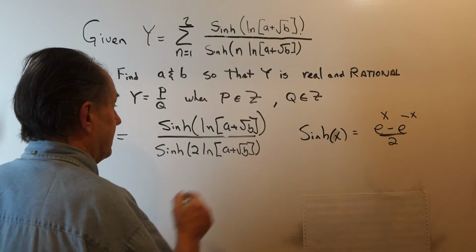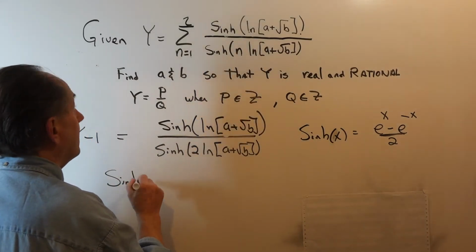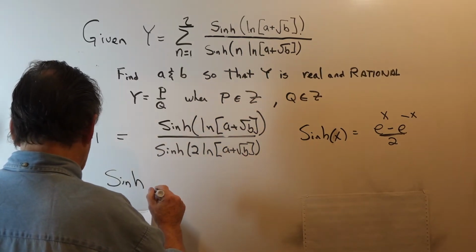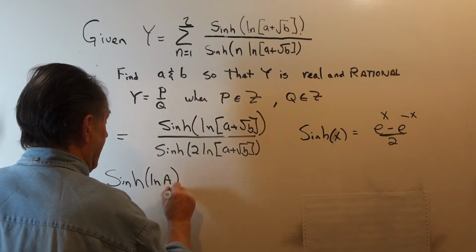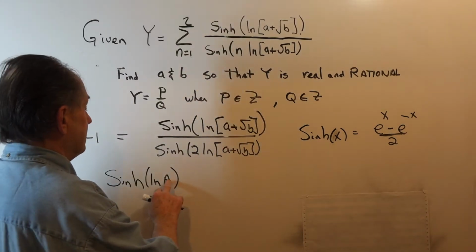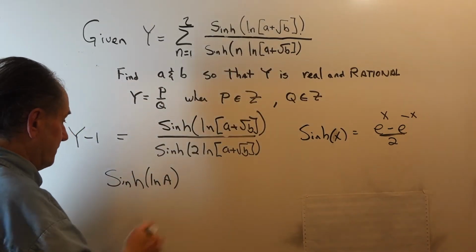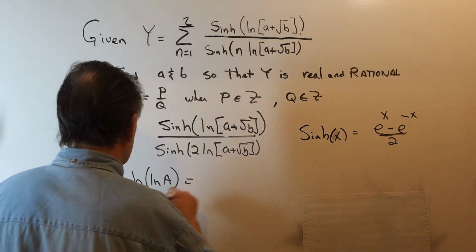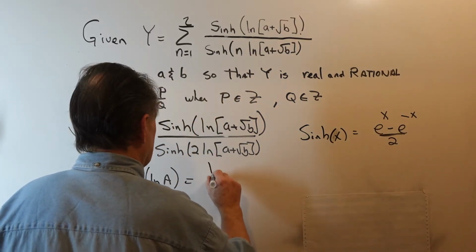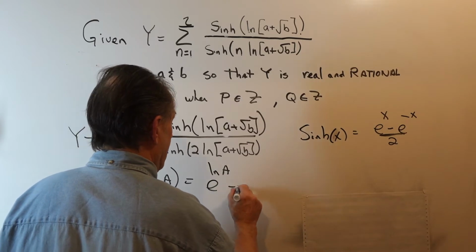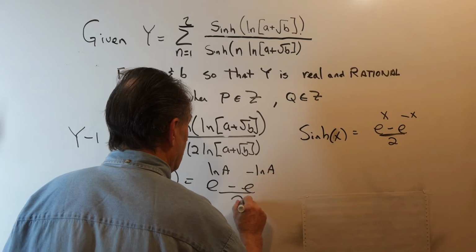So let's look at now the hyperbolic sine of, let's say, the natural log of some number cap A. Cap A in this case will be a plus the square root of b. So we're just going to first look at this. Using the definition for hyperbolic sine, this becomes e to the natural log of a minus e to the minus natural log of a all over 2.